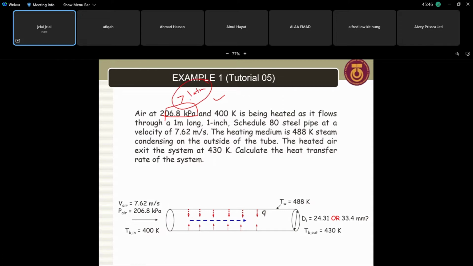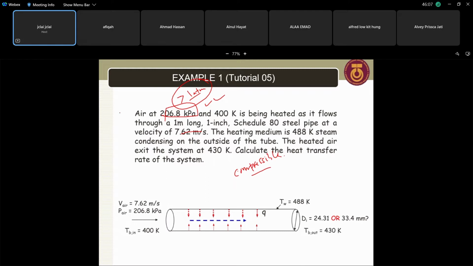Maybe you can try. In this case, because air is compressible, right? Air is compressible. So in this case, the pressure is higher than 1 atm and is double, right?